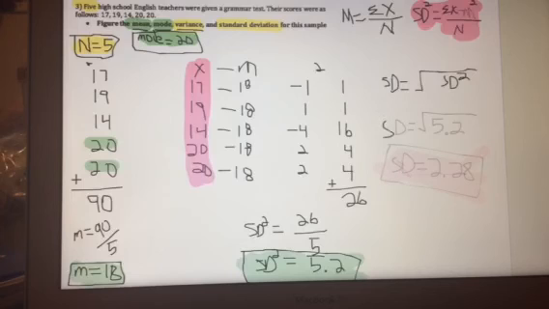SD squared is our variance. So what is our variance? We got 5.2. So SD equals 2.28.